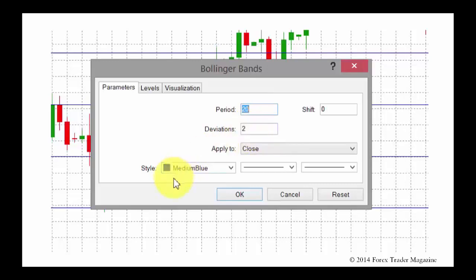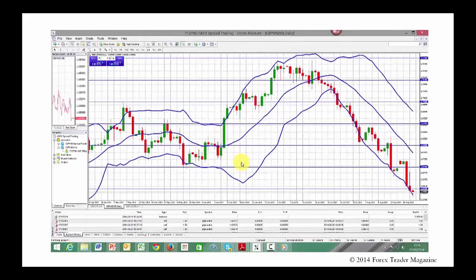I'll explain a bit more about that when we see the lines in position. And we can also change, if we want to, the colour or the thickness of the lines. I think for the purpose of this demonstration, I will actually thicken the lines up a little bit to make them easier to see. And we press OK, and there they are in place. And immediately you can see there is some magic going on here.